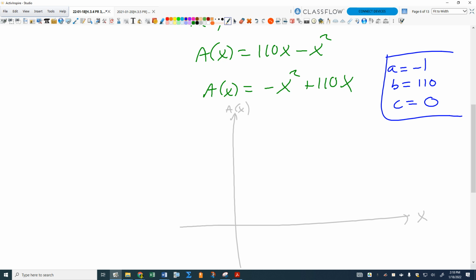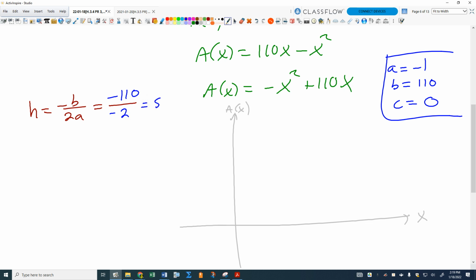Negative b over 2a. Okay, so h is equal to negative b over 2a, which is equal to negative b, negative 110, divided by 2a, which is negative 2. So what's that give us? 55?